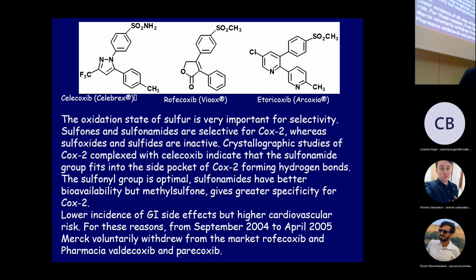And so now it's possible to use these compounds only under medical prescription, only for a restricted number of pathologies. And you know, no business, so they remain only as drugs, but not bestsellers.